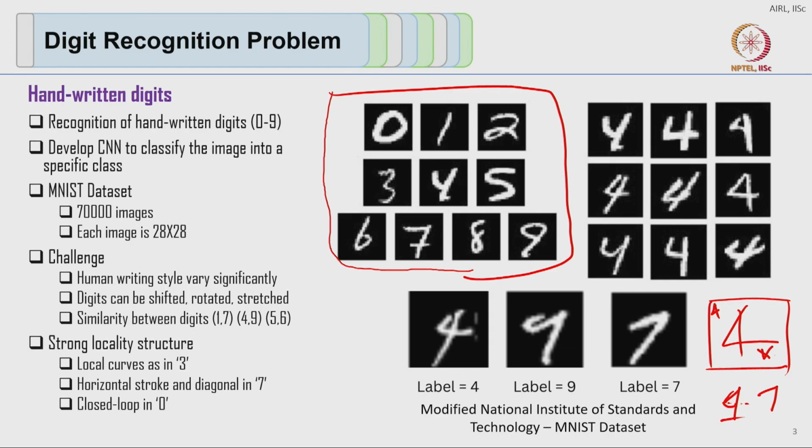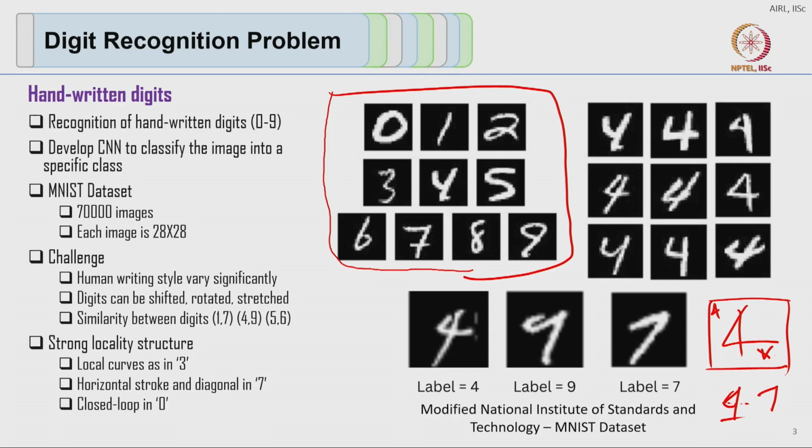If you are trying to solve this particular problem, what do we need? We need local curves to be identified, right? What we are looking at is the edges and curves. We need to identify a horizontal stroke, a vertical stroke, and whether any loops are there. If I have to recognize a number, what is the basic thing I have?